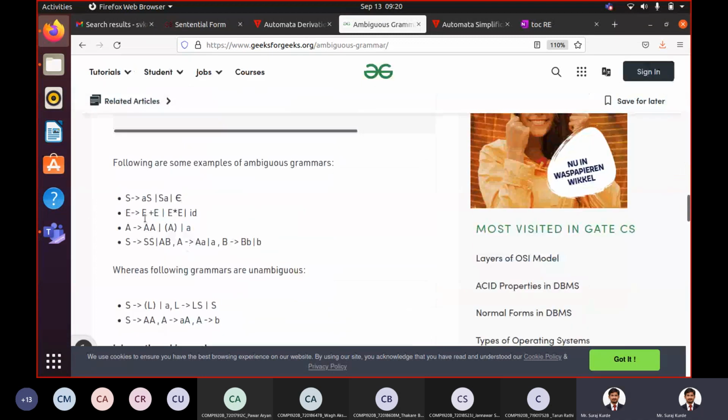Some more examples are there. This one: S produces AS, S produces A, epsilon. Now, how to identify whether a grammar is ambiguous or not?